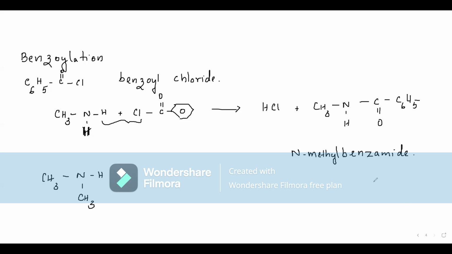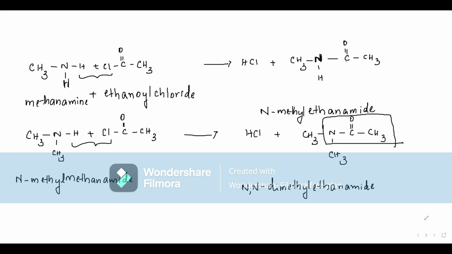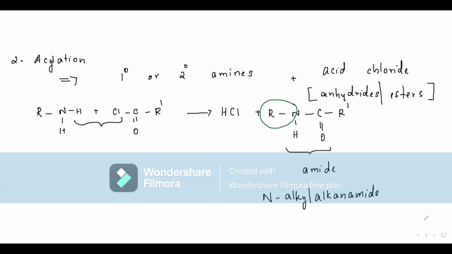Now, I want to go back to acylation again to explain one very important point. This HCl, if it is not removed immediately as soon as it is formed, the reaction will go in the backward direction. So for completion of the reaction, we need to remove the HCl as soon as it is formed.